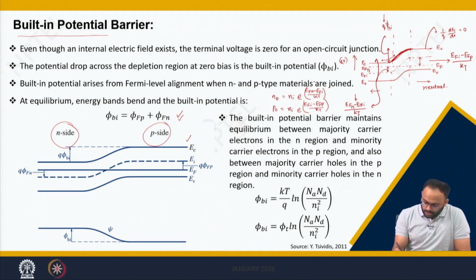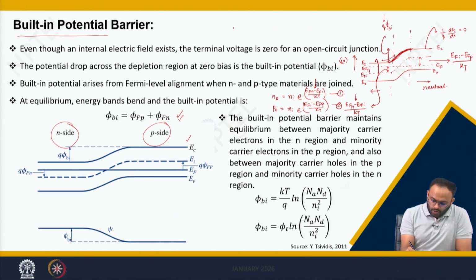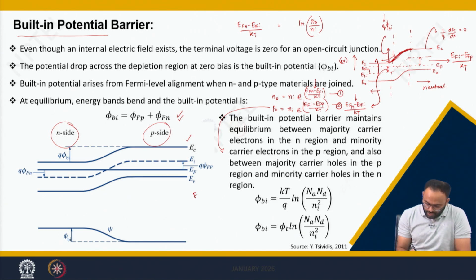Correct? This is equation number 1, and this is equation number 2. If I want this, I will take the log of equation number 1. It will give me (EFN minus EFi) divided by kT is equal to log of n0 by ni. Similarly, this will give me (EFi minus EFP) divided by kT is equal to log of p0 by ni.